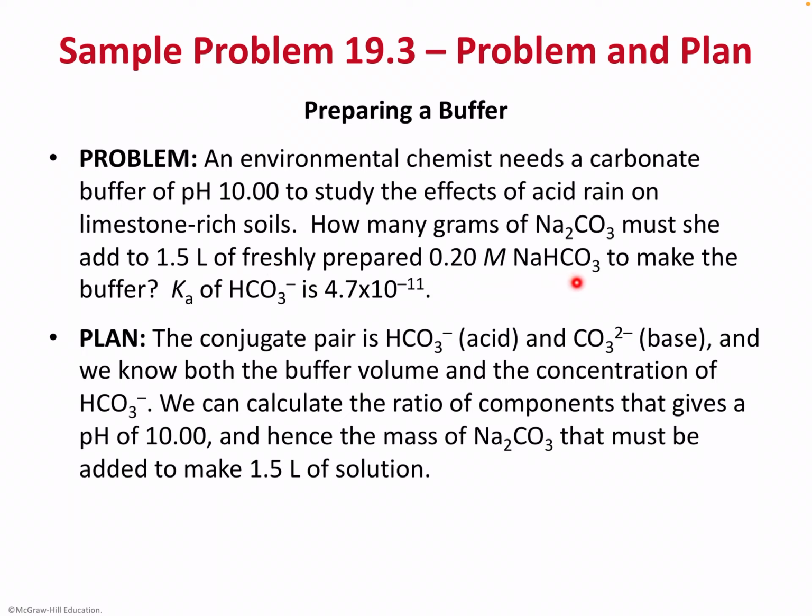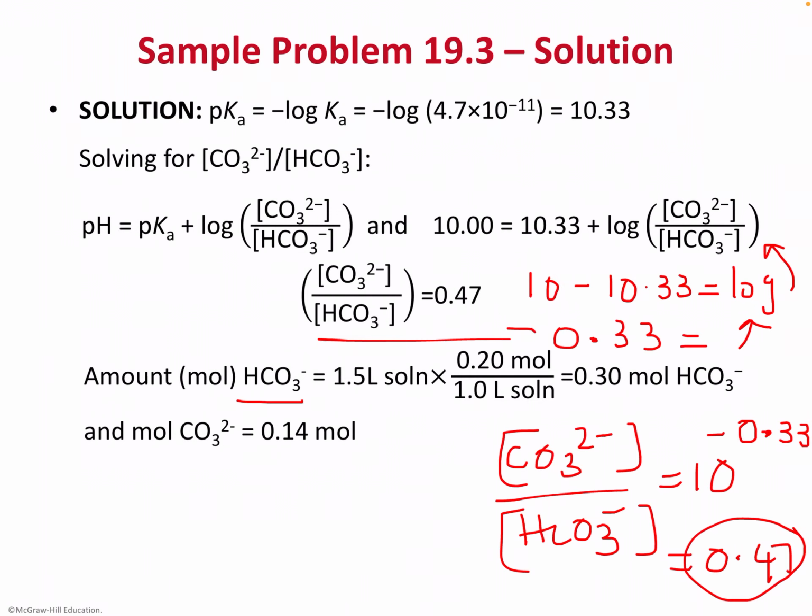So from this information we can find the number of moles of sodium hydrogen carbonate. Remember, molarity equals moles over volume, so the moles would be molarity times the volume. The volume is 1.5 liters, molarity 0.2 per liter. So that gives you the number of moles of hydrogen carbonate, right?